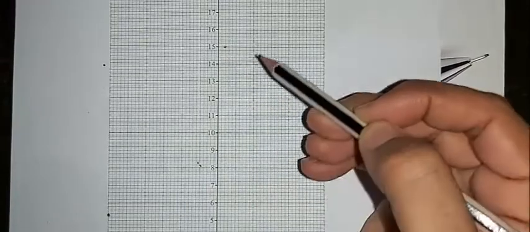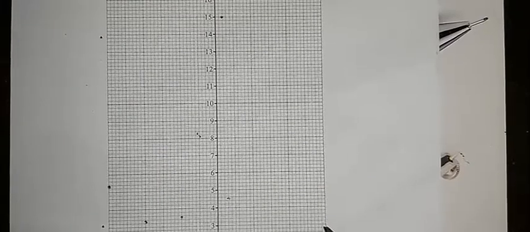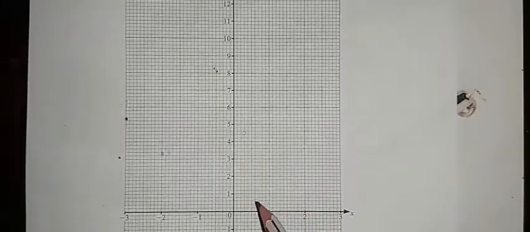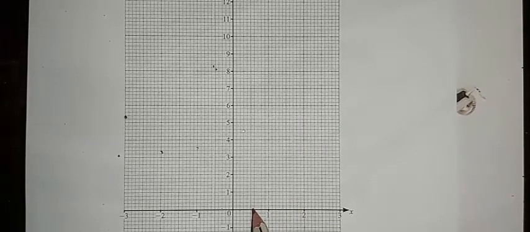This is the point. 0.3 and 4.5, 4.5 is here. 0.5 and 0.1, 0.5 here, and 0.1 is here. It's very close to the x-axis.